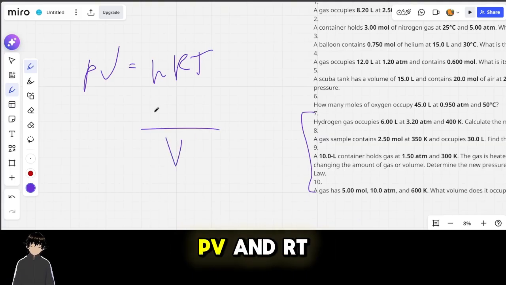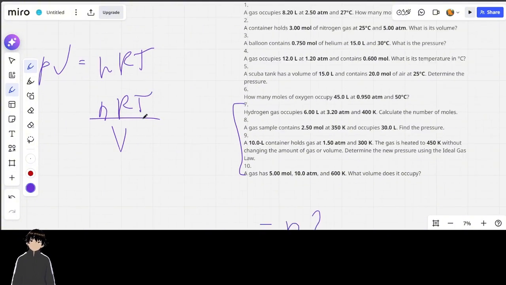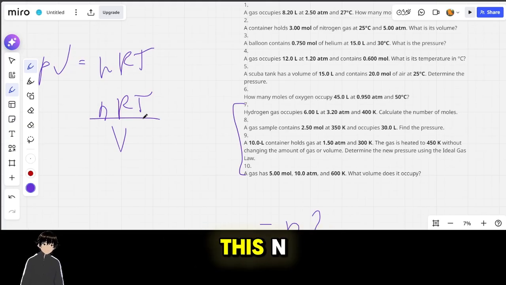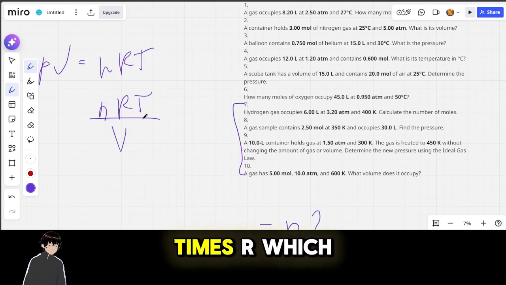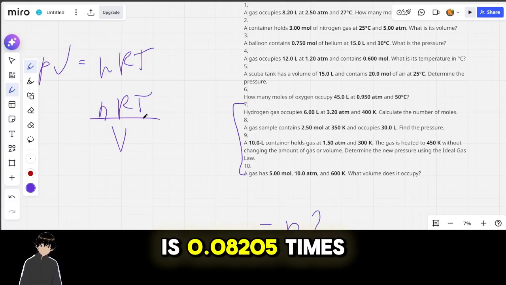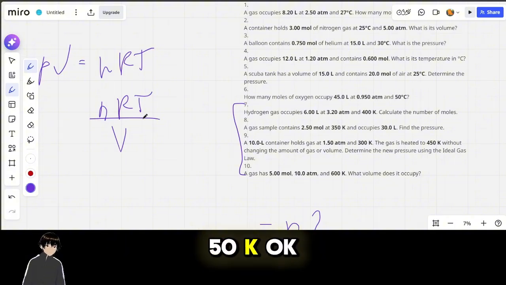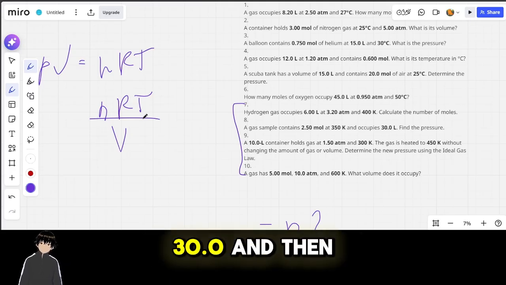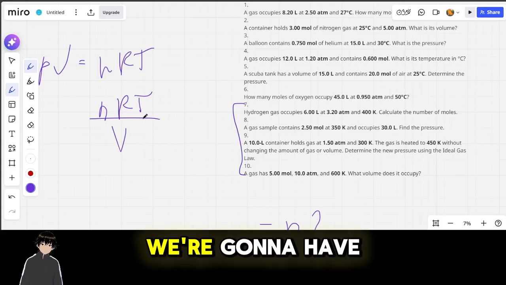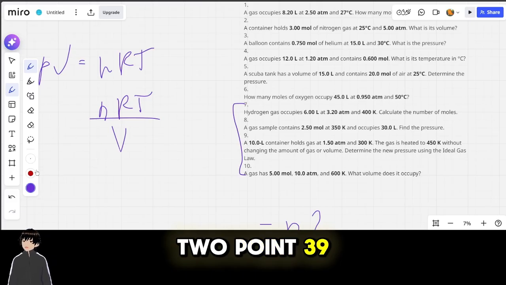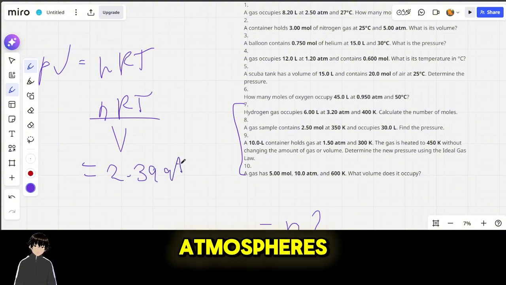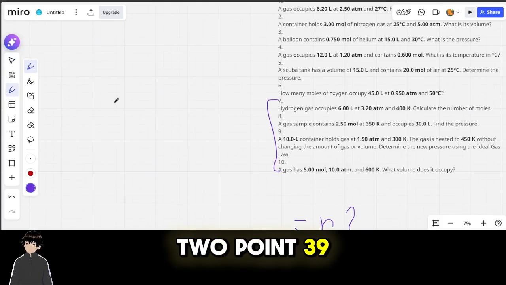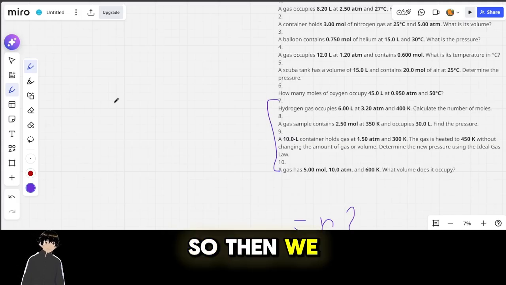So we have n, which is 2.50, times R, which is 0.08205, times T, which is 350 K, over volume, which is 330.0, and we're going to have 2.39 atmospheres. So let's go to number 9.